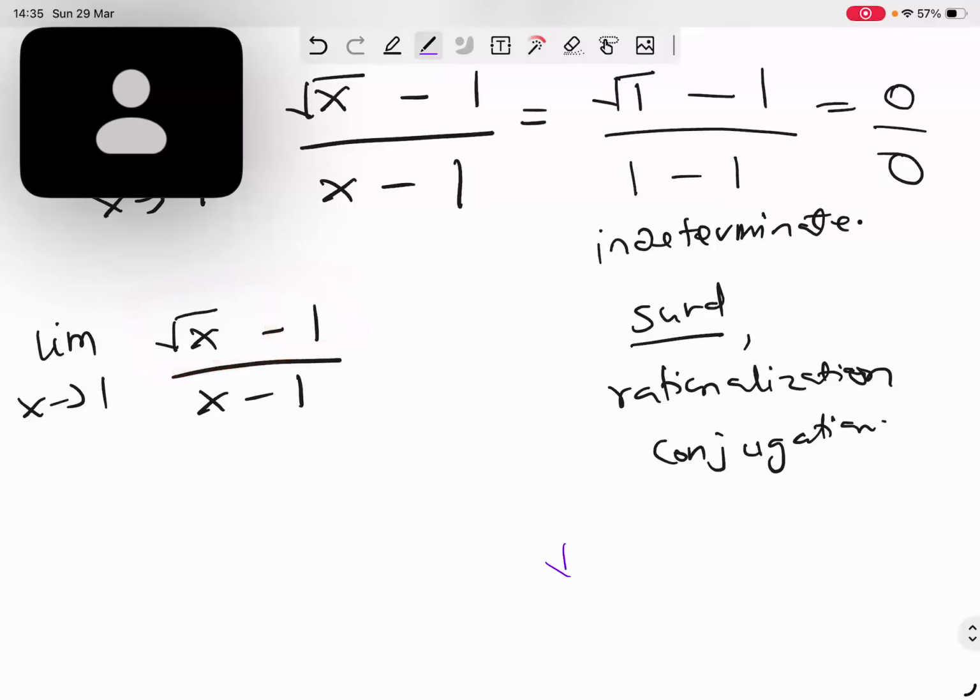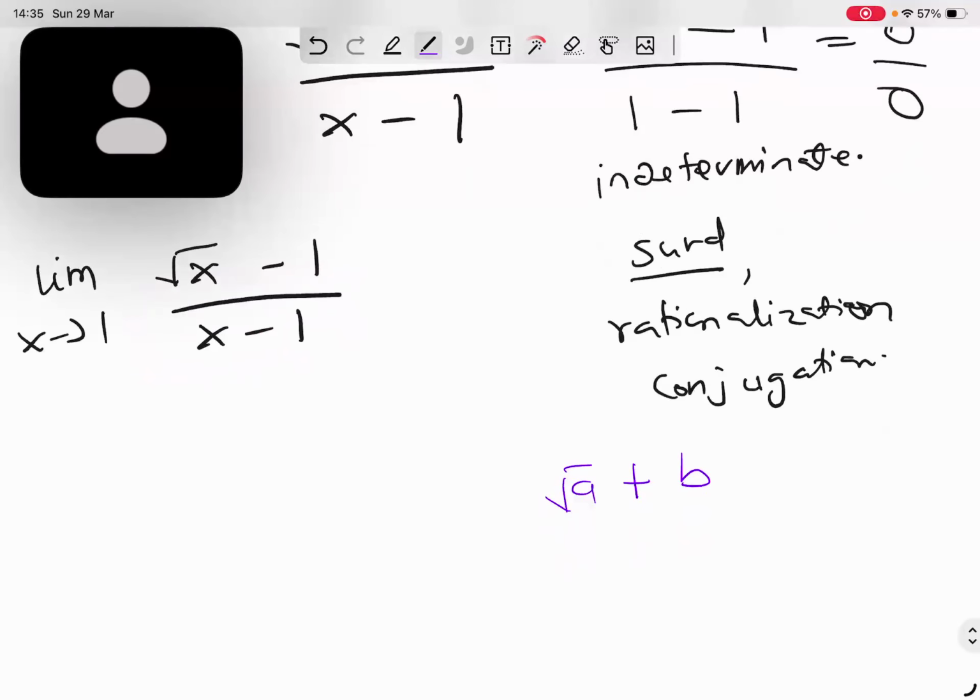For instance, the conjugate of square root of a plus b will be square root of a minus b. And if the original function has square root of a minus b, the conjugate will be square root of a plus b.